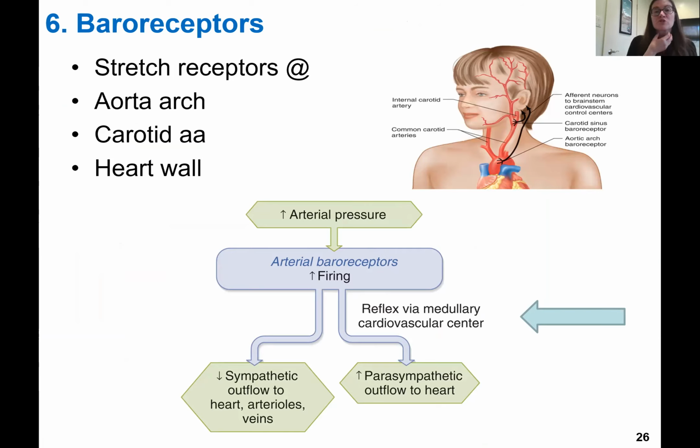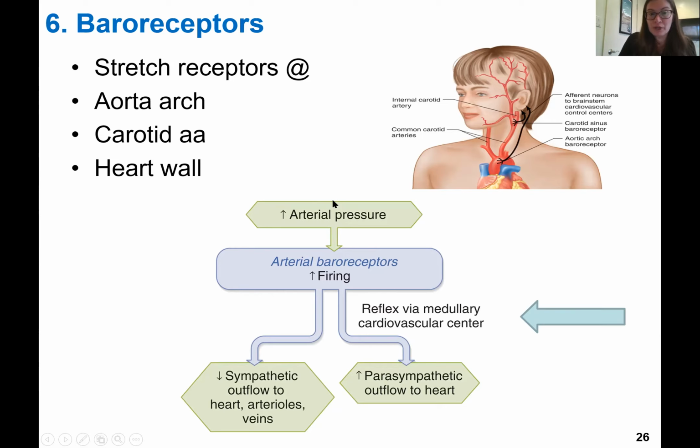Baroreceptors are stretch receptors in the main vessels leading from the heart and particularly to the brain that are going to determine how much blood is coming out of them by how much stretch is there. So the aortic arch has baroreceptors, and the carotid arteries have stretch receptors. You also have them in the wall of the heart.